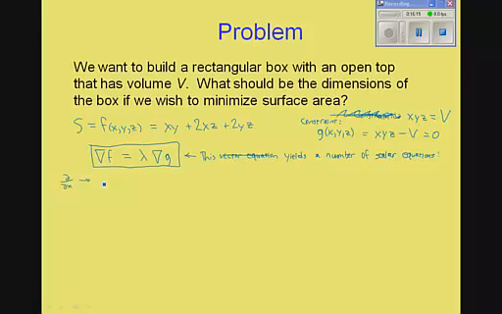It's going to give me y plus 2z equals, what else? Lambda times, and I guess it would be yz, right? Because that's the gradient of g. That's the partial with respect to x.